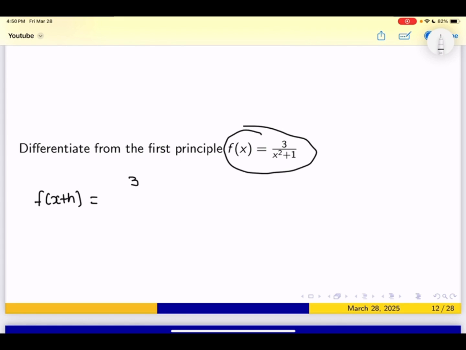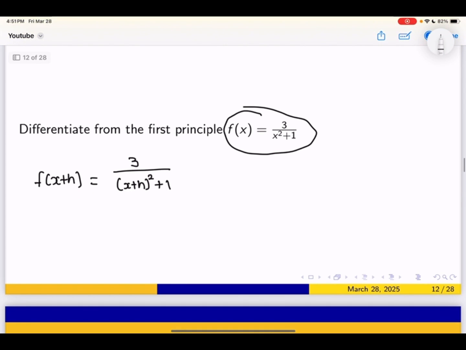So we are going to have 3 divided by, now here is x squared, but now x is what? x plus h. So here is going to be x plus h all squared, then plus 1. We can simplify this to get 3 divided by x squared plus 2xh plus h squared plus 1.